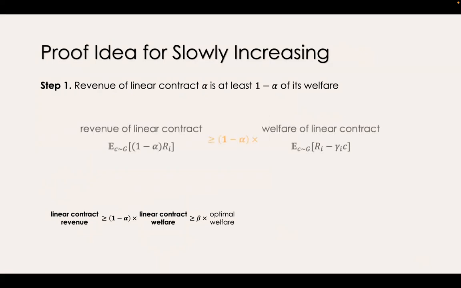The revenue of a linear contract is 1 minus alpha of the reward, and the welfare is at most the reward. So we have that. Once we have this, to show a constant separation of the linear contract's revenue from the optimal welfare, it suffices to show a constant separation between the optimal welfare and the welfare of a linear contract, which is going to be step 2.